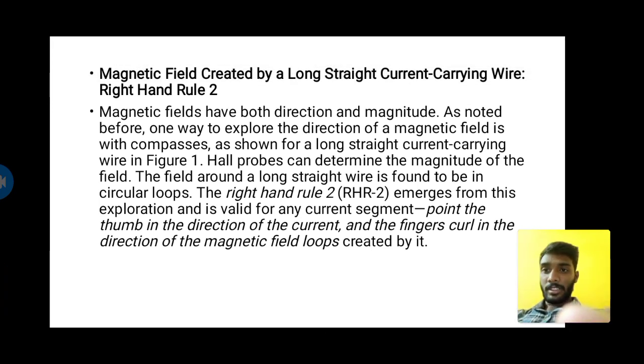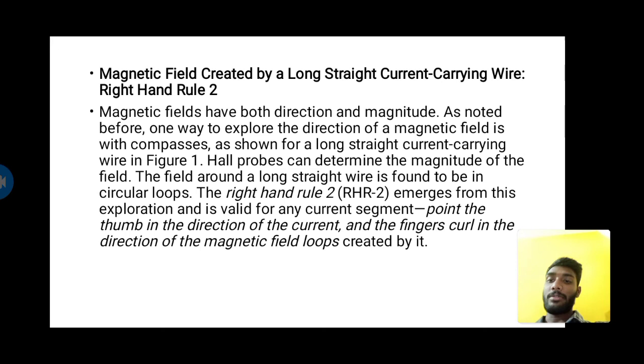Magnetic field created by a long straight current carrying wire. Right hand rule 2. Magnetic fields have both direction and magnitude. As noted before, one way to explore the direction of a magnetic field is with compasses, as shown for a long straight current carrying wire in figure 1. Hall probes can determine the magnitude of the field.